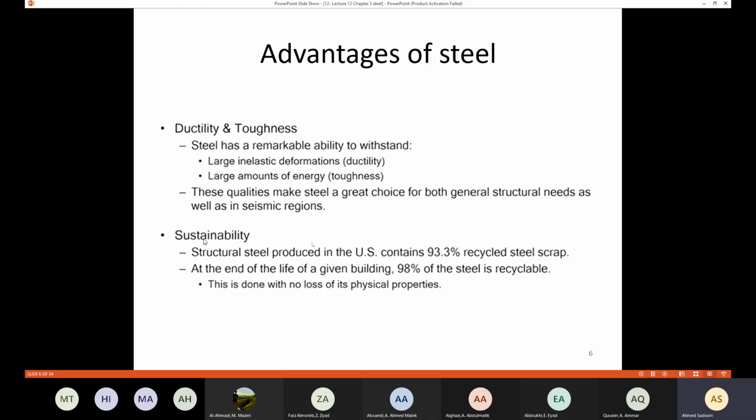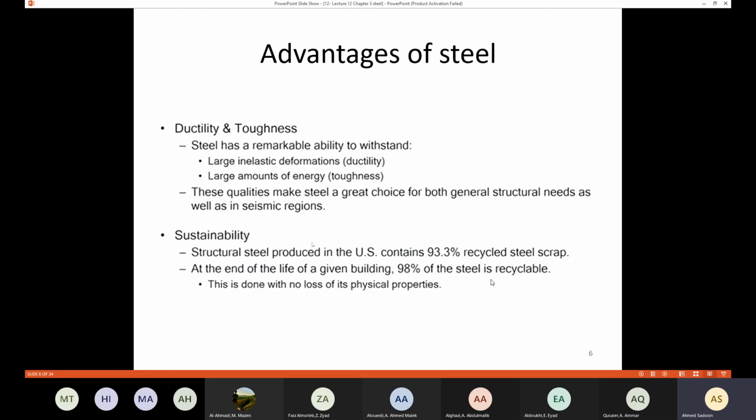Finally, we have sustainability. Structural steel produced in the US contains 93.3% recycled steel scrap. So steel can be recycled on a large scale. At the end of the life of a given building, 98% of the steel is recyclable.